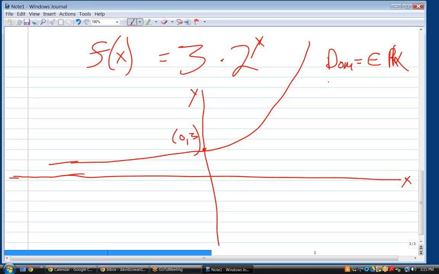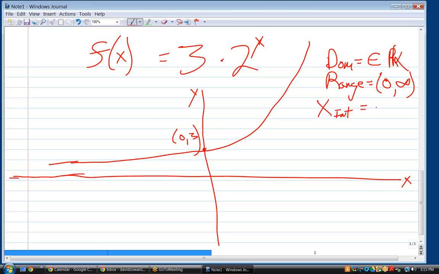About the range. That would be 0 to infinity. And you're using interval notation? Yeah. Okay. Continuity. Is this continuous everywhere? Yeah. Okay. Intercepts. Do we have any x-intercepts?